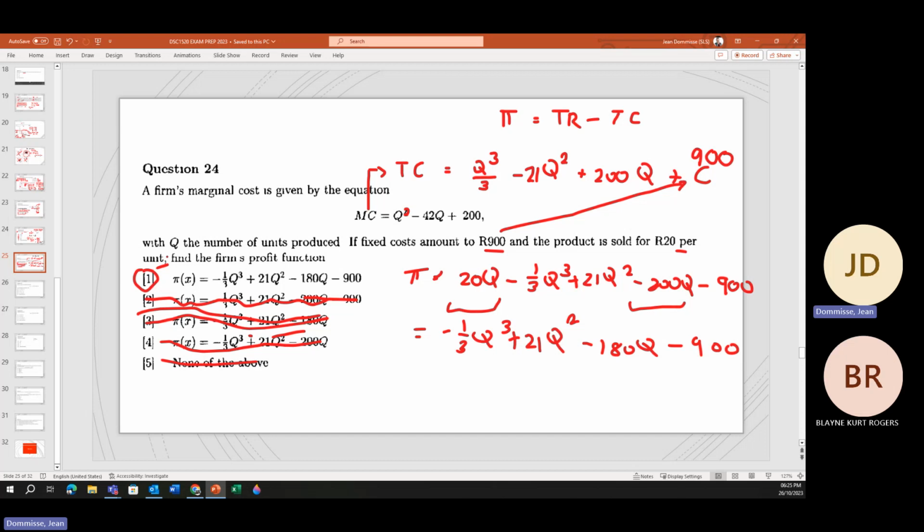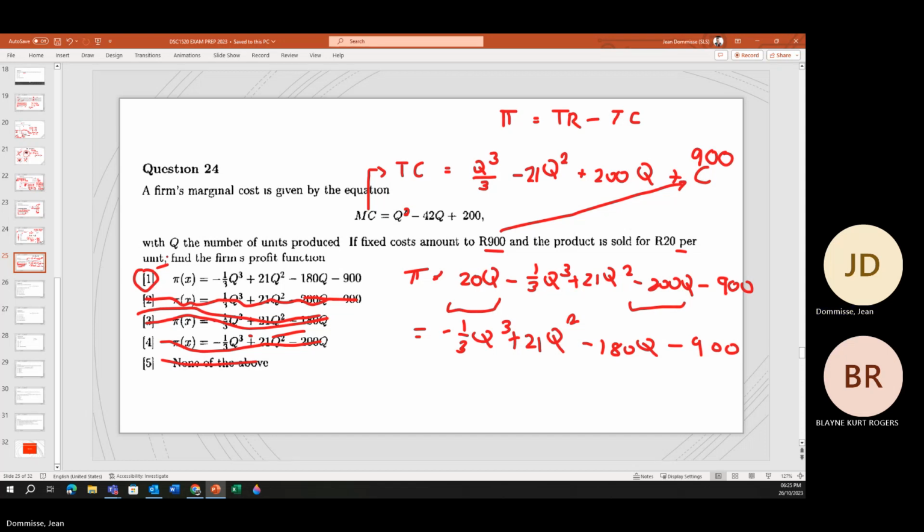In this instance, they told us that constant is 900 because that's the fixed cost. It doesn't matter how big Q becomes, that is why it's a constant, because it's not influenced by Q. So we need to remember to add that to the formula.